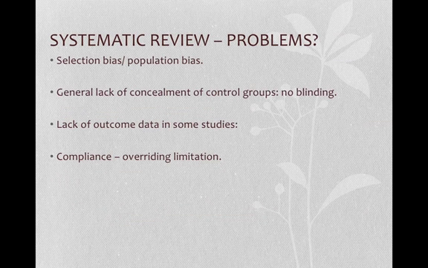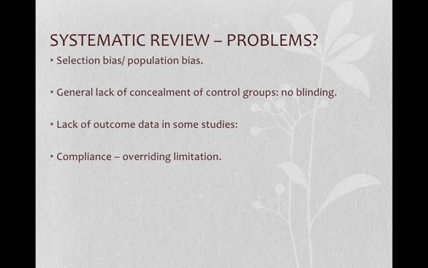I mentioned the population bias, the male bias. A common thread throughout was the general lack of concealment of the control groups in the studies. So there was a lack of blinding, and that was due to the fact that a lot of these studies were conducted on sporting teams, so it was quite easy for individuals to find out which group their friends were in, for example.